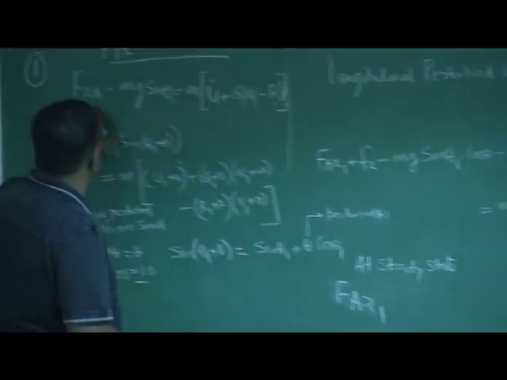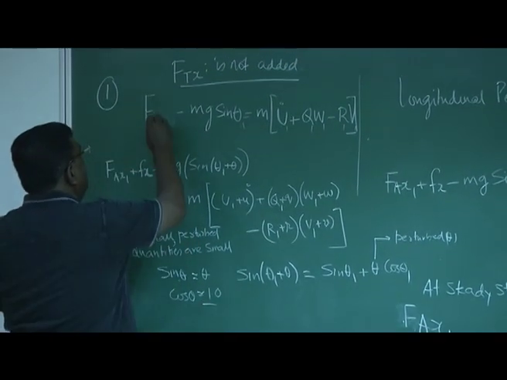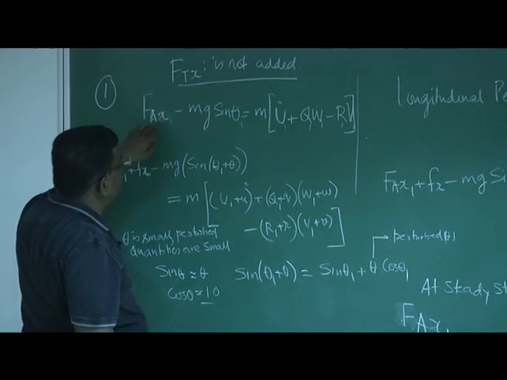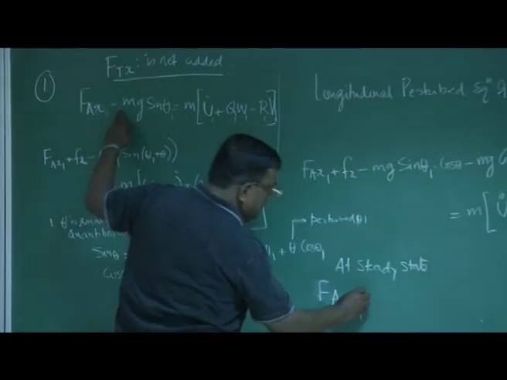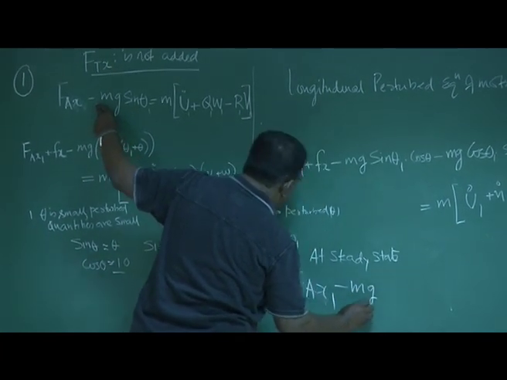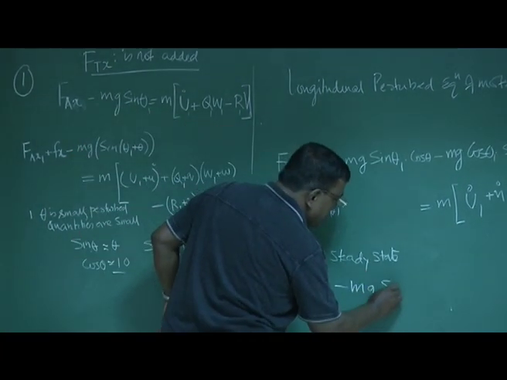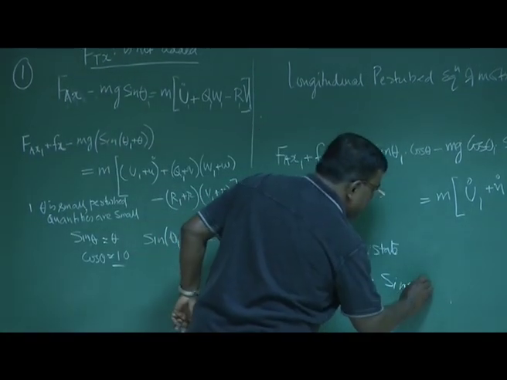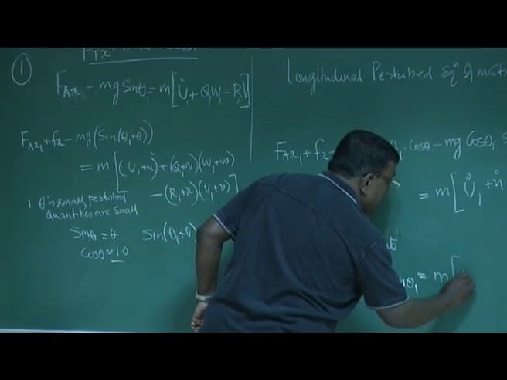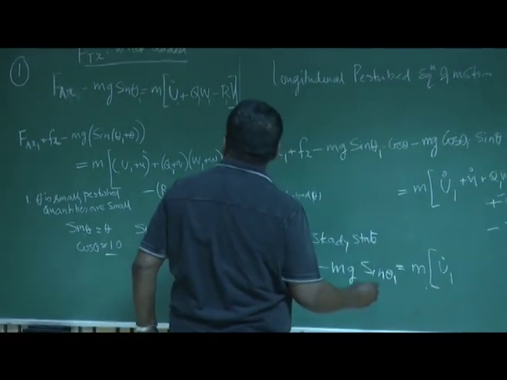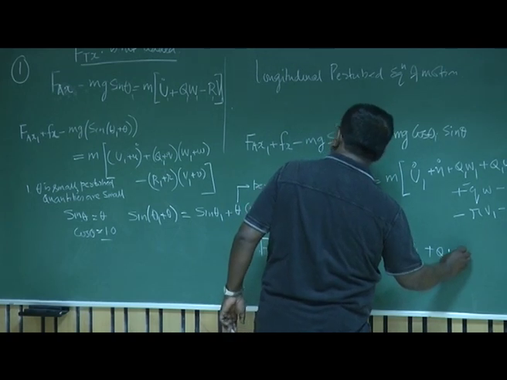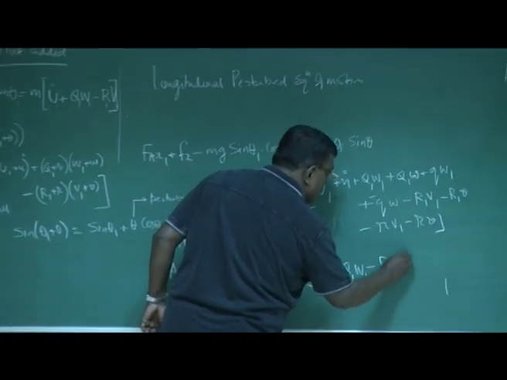You have to use this equation. This should be Ax, aerodynamic force at x. So at steady state, this is Fax1 minus mg sine theta 1, equal to m u1 dot plus q1 w1 minus r1 v1.